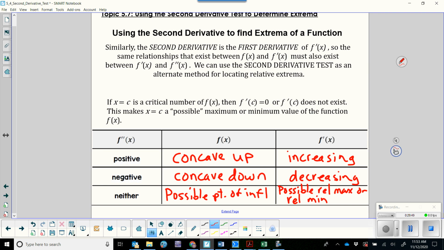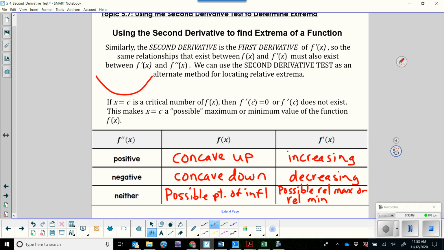If you have a part of your graph that's positive, so you know that graph is concave up, and what if I knew the first derivative was 0 at this point in this interval?